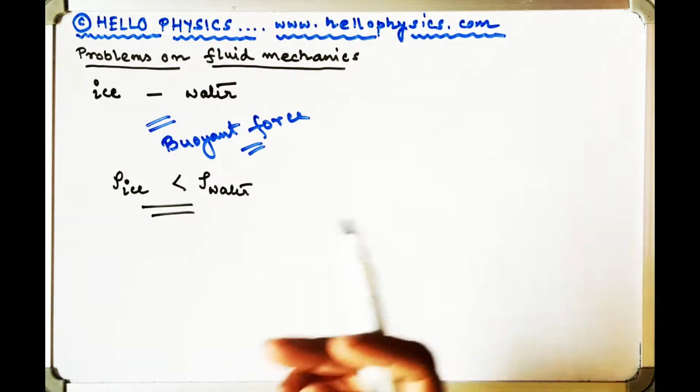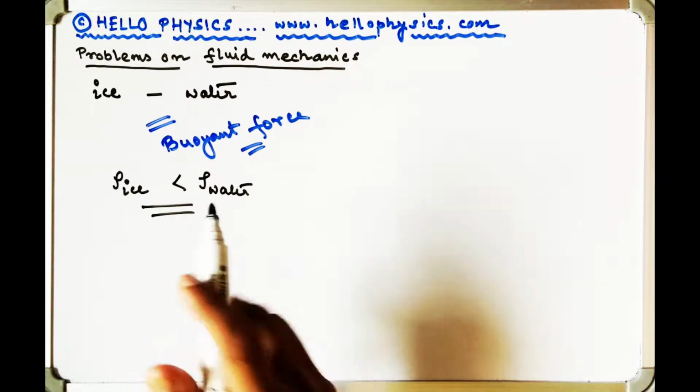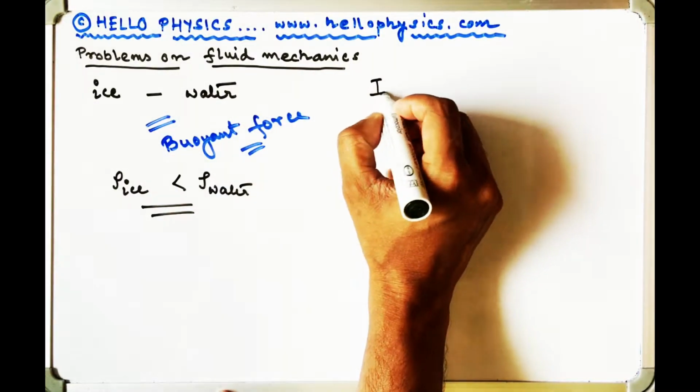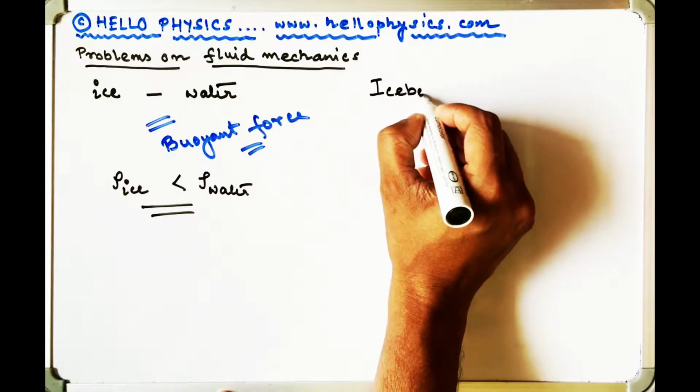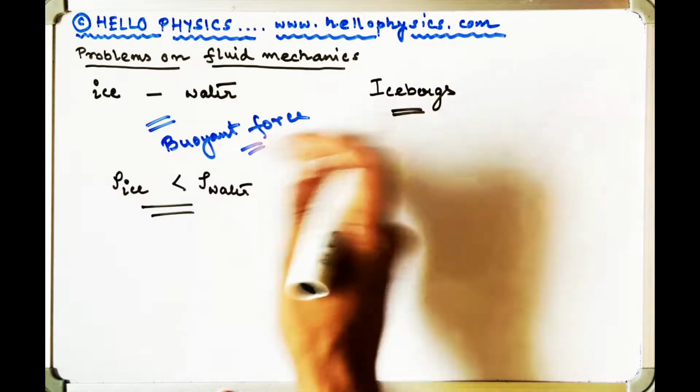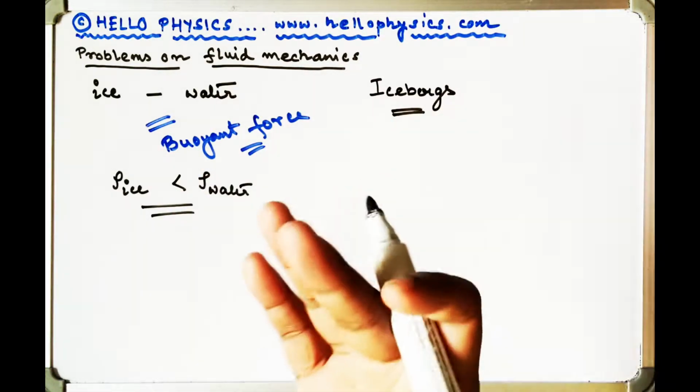One of the critical examples of ice floating on water is an iceberg. Icebergs are large masses of ice floating on seawater.